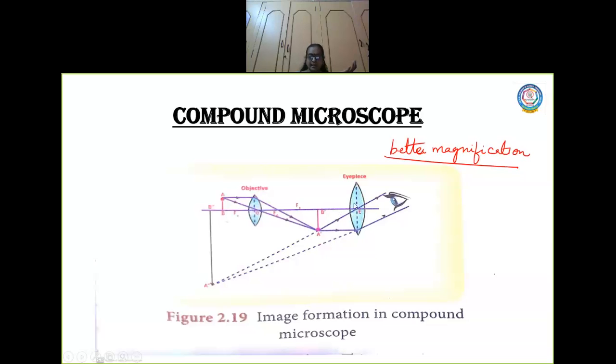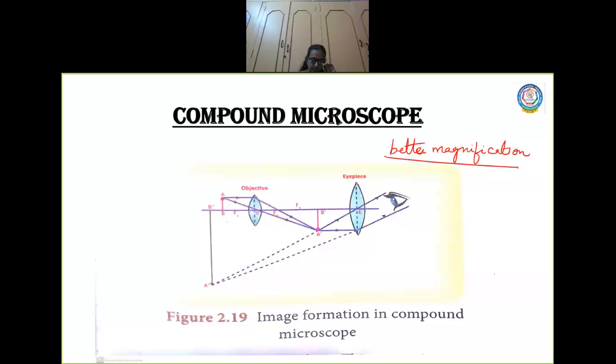This is another convex lens with a focal length of a larger value. The focal length of the convex lens kept here is larger than this one, and it is kept near the eye of the observer. So this is also called the eye lens, or otherwise the eyepiece.